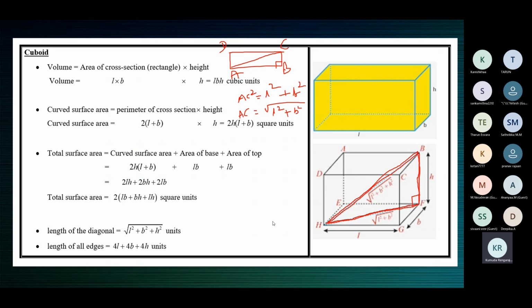Please work and get it. You should be able to do it. How do we get root of L square plus B square plus h square? That will be the length of the diagonal of the cuboid.